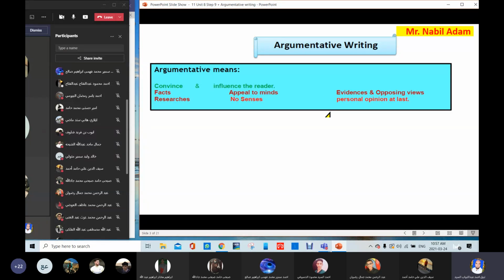You should give evidence and opposing views. So you should mention the two different points of view. And at the end, you should mention your personal opinion in the conclusion. So you have to mention your point of view. Are you for this side or the other side?